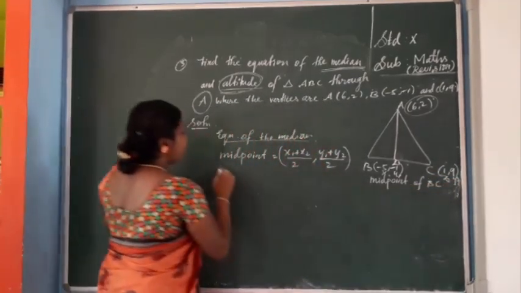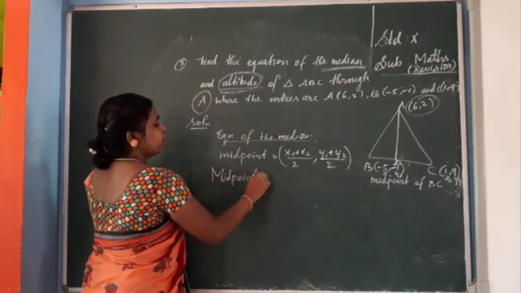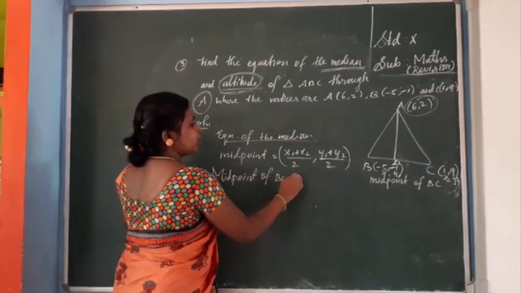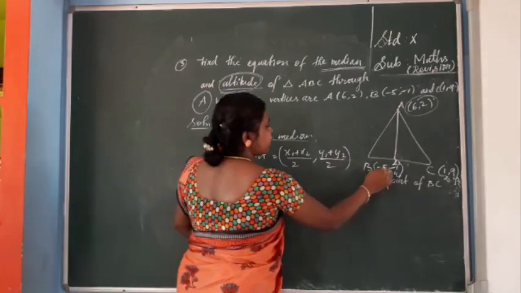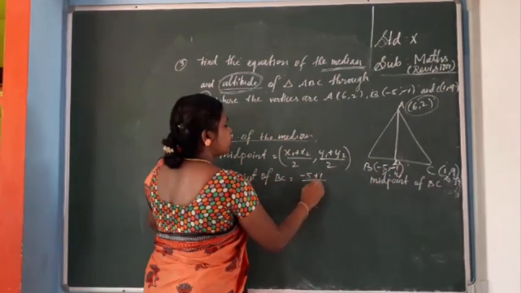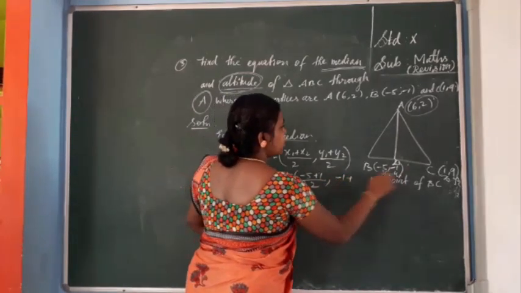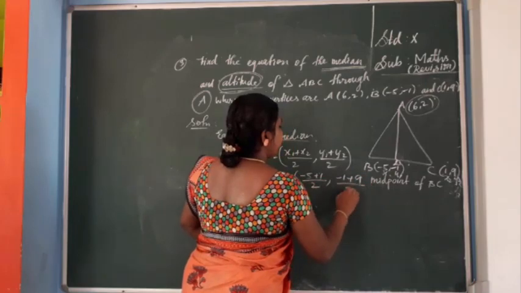Midpoint of BC equal to, we substitute x1 is minus 5, so (minus 5 plus 1) divided by 2, comma y1 is minus 1 plus y2 is 9 divided by 2.